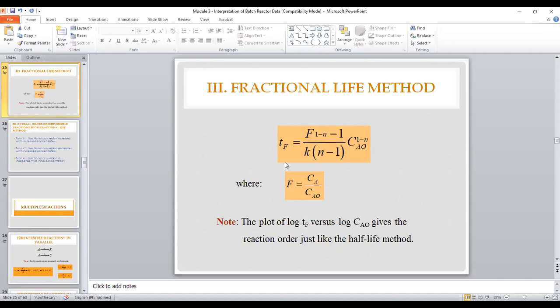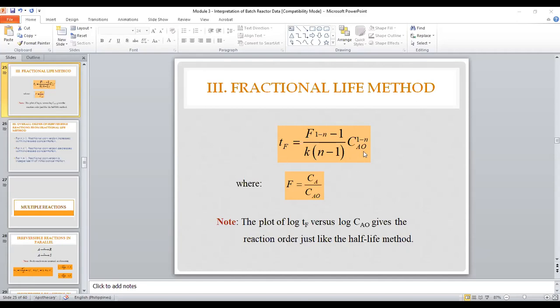Now you're going to use this data if the problem is giving you the time it took to have this F, and the initial concentration. In the half-life method, what you plotted is the initial concentration against the half-life.